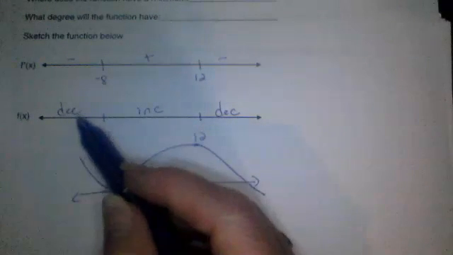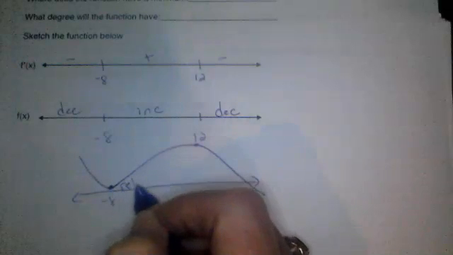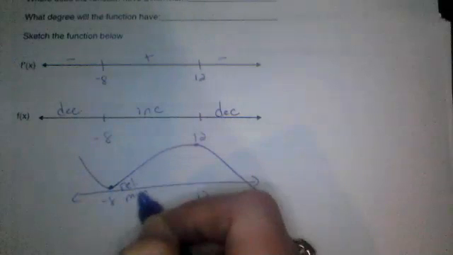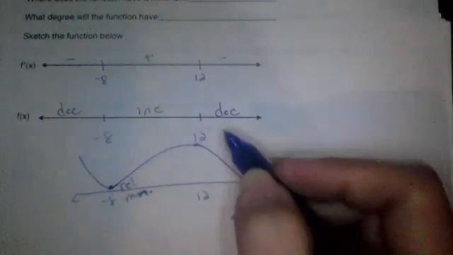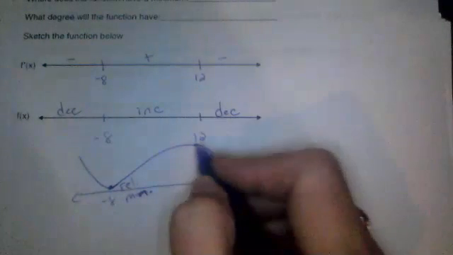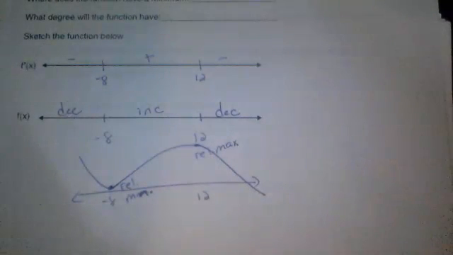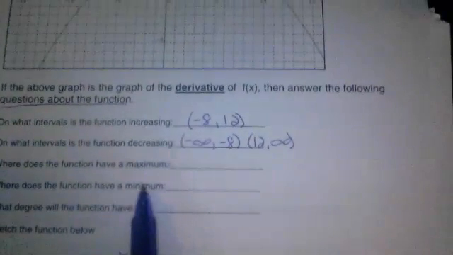So wherever I'm going from decrease to increase, I'm going to have a relative minimum. And wherever it changes from increasing to decreasing, I'm going to have a relative maximum relative to that section of the graph. And so my questions here are, where does the graph have a maximum?